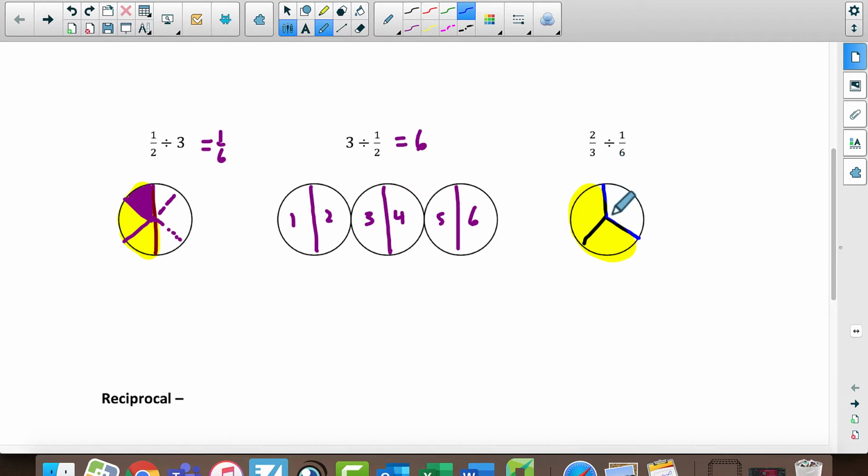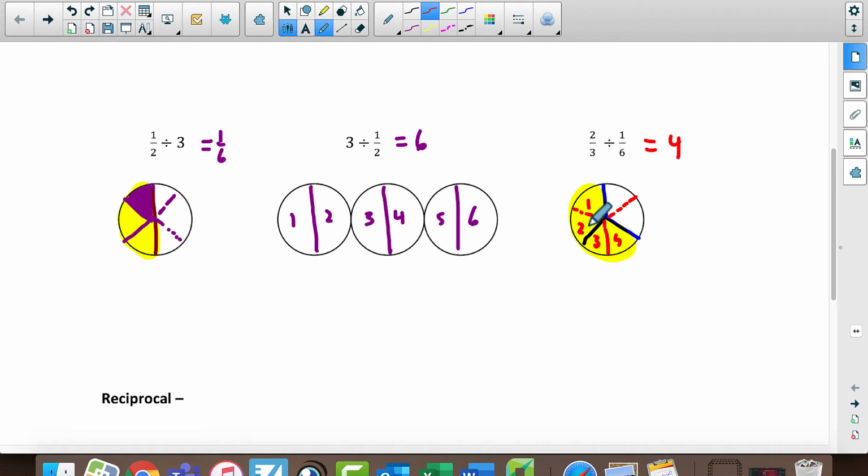So I should make sixths here. Make my circle split into sixths. If I put a line here, a line here, and a line here, I've now split this whole into 6. How many sixths are shaded? 1, 2, 3, 4. So my answer in this case would be 4.